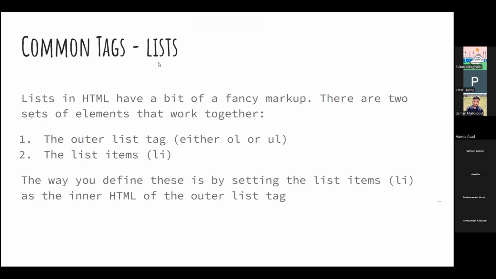Another tag is lists. In general, lists are useful to describe any content that you want to describe, should it be in bullet point form, or if you want to give an ordered detail of how things should be done step by step. So you have either the OL element or the UL, which define an ordered list or an unordered list, and the li component is nested inside of it, where each li represents each item.